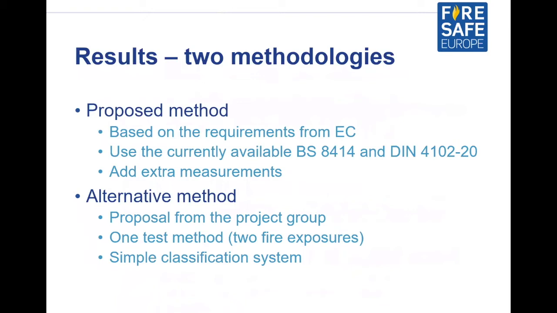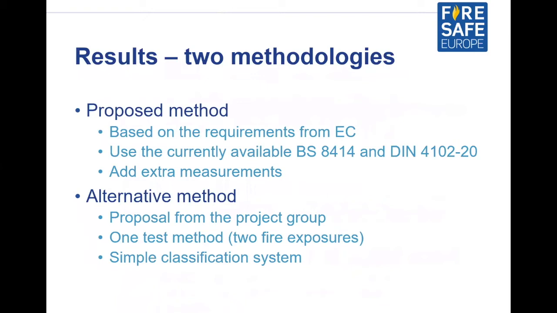And that method should be fully based on the British and the German methods in the sense that the methods should be kept as they are, no changes to the method, but only that we should add some extra measurements and perhaps add something extra that could be used when needed. So in principle, it is a copy of the British and the German method, and we have only added how to measure, for example, falling parts, and how secondary openings such as windows could be incorporated in those tests.